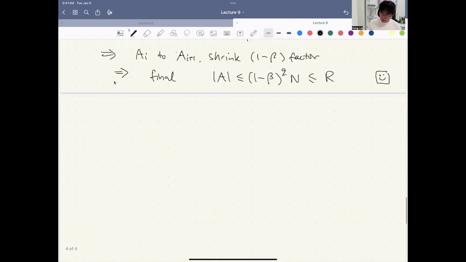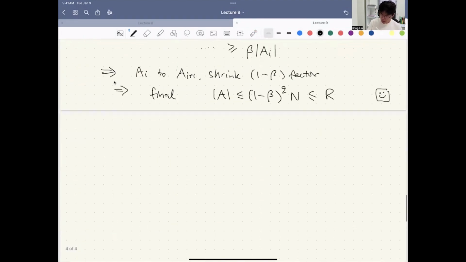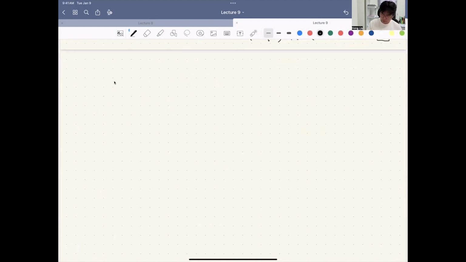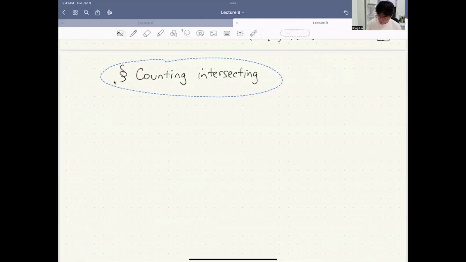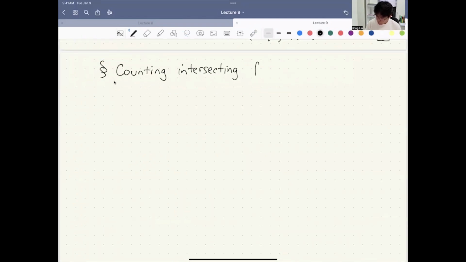So here's the theorem. Maybe let me first write: counting intersecting families. Here's the theorem.